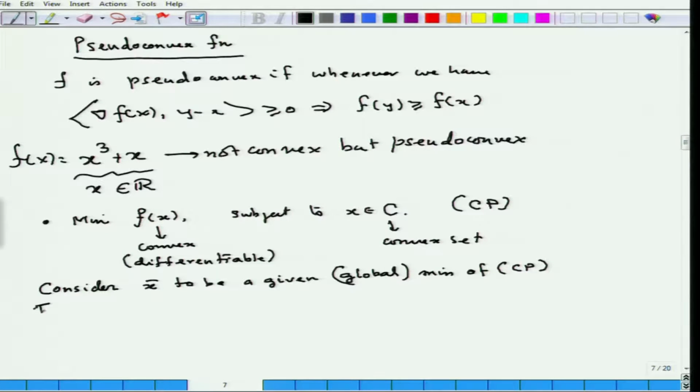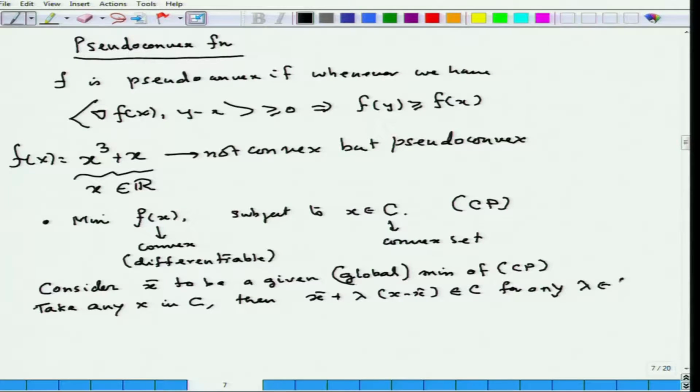Now, take any x in C, then x bar plus lambda times (x minus x bar) is an element of C for any lambda strictly lying between 0 and 1, obviously any lambda between 0 and 1.